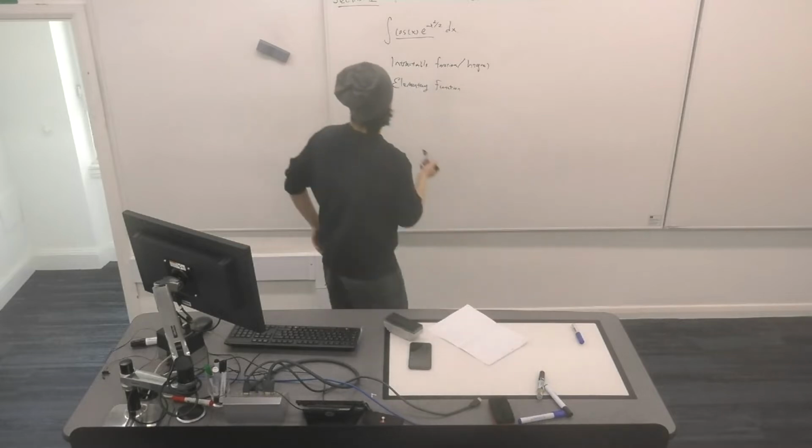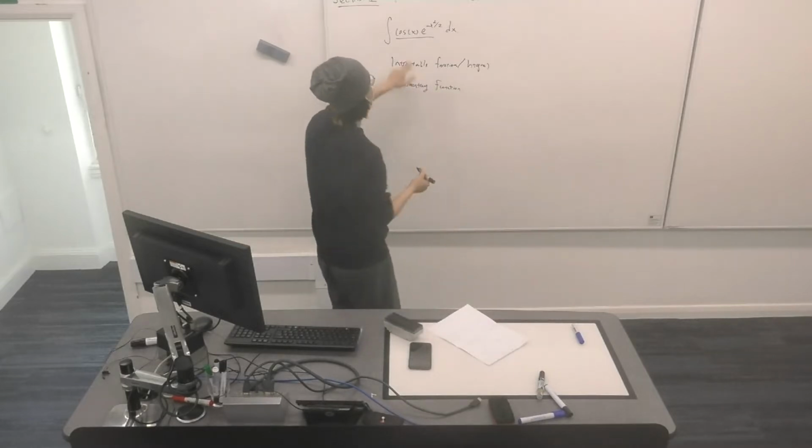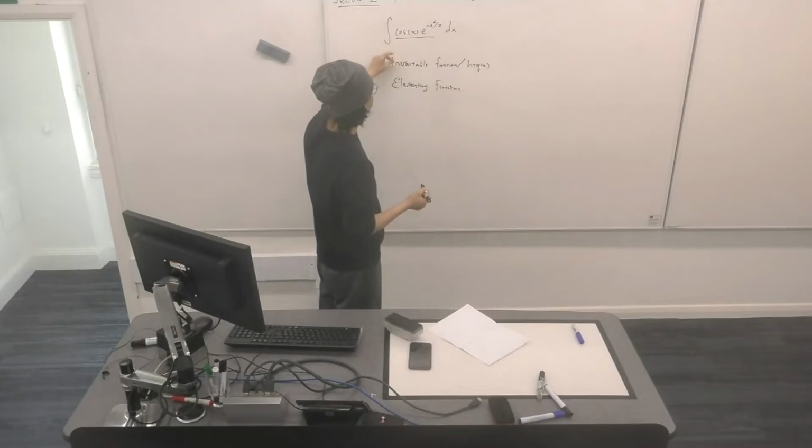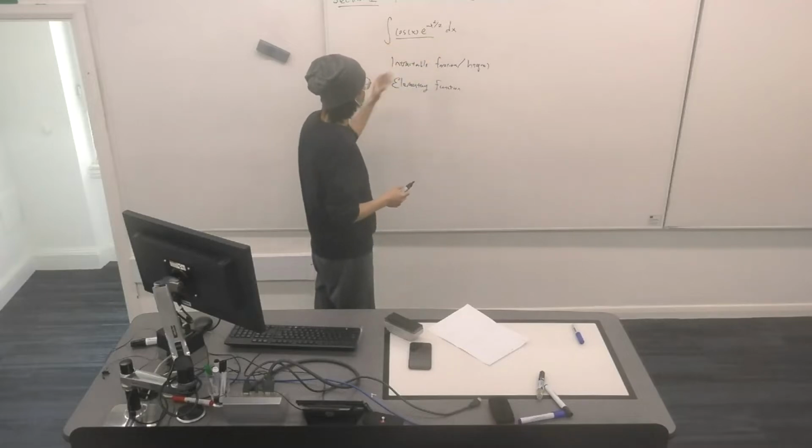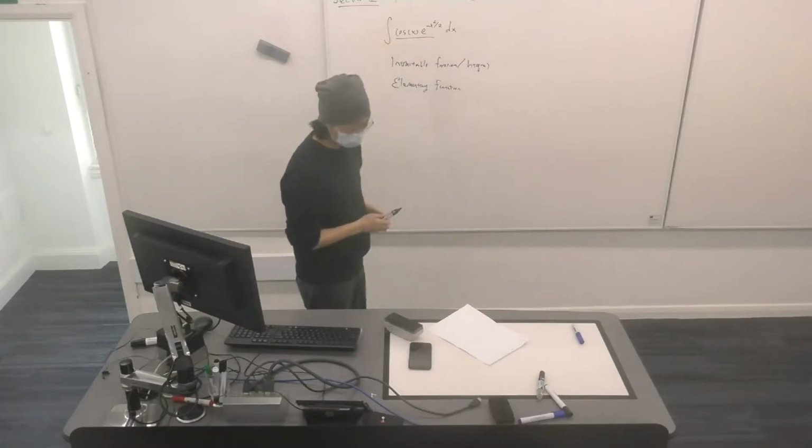So for example, technically this one is not intractable because cosine is trigonometric, and exponential and x squared. But still, it's very hard to find a precise antiderivative.